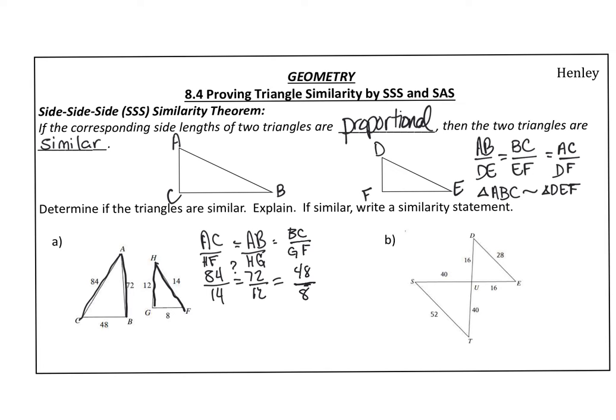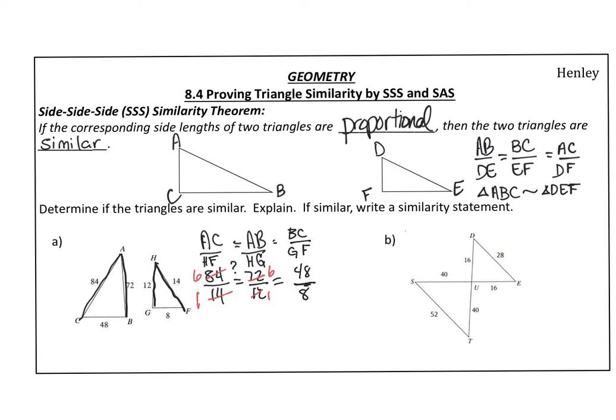If these simplify, then they would in fact be similar. So if we simplify, 14 goes into 14 one time, 14 goes into 84 6 times. 12 goes into 12 one time, 12 goes into 72 6 times. So those two are the same, which means those two are similar.